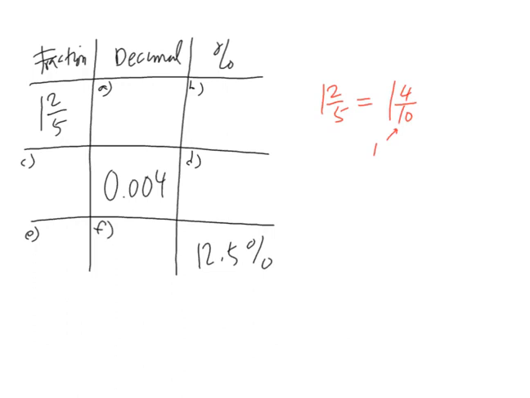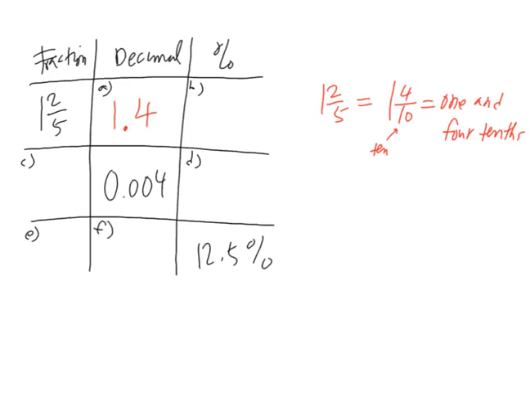I now have a base 10 number in the denominator, and I can read it as 1 4/10. So 1 2/5 as a fraction is equal to 1.4 as a decimal.